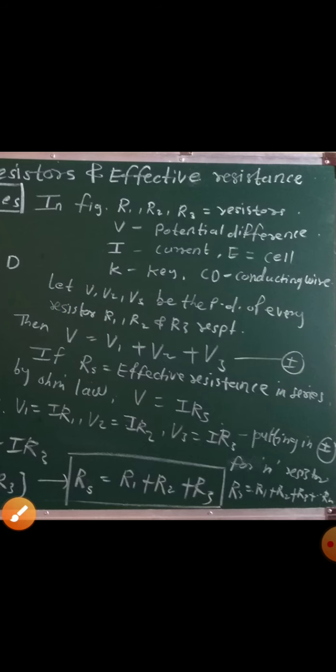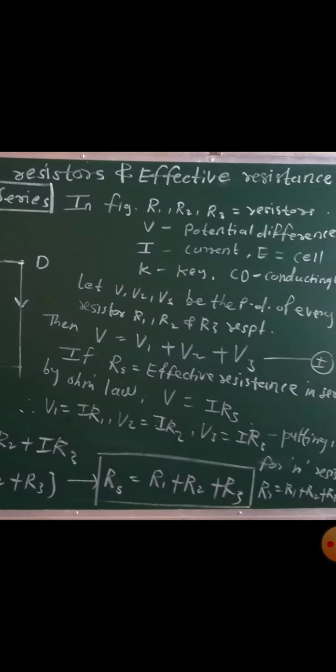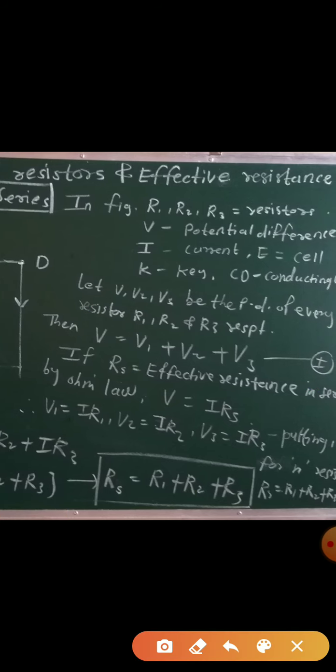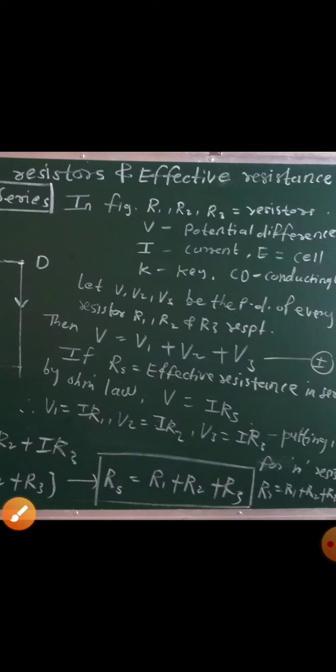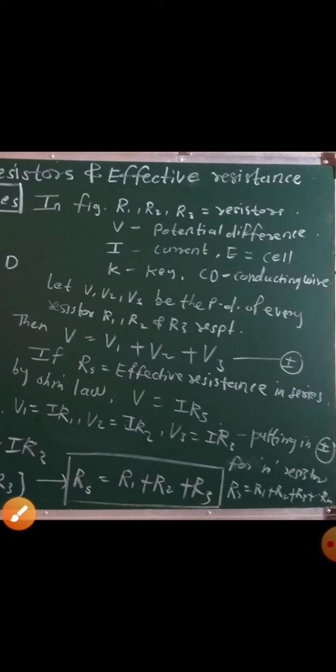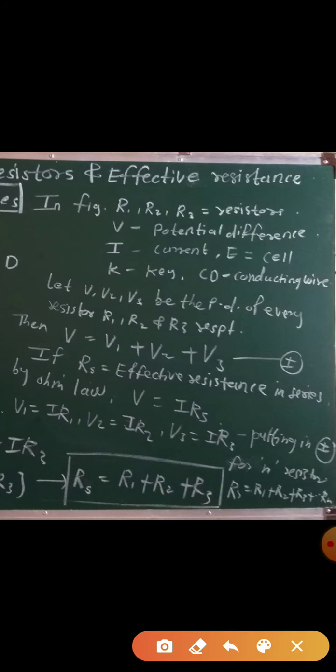Suppose Rs is the effective resistance in series, with capital R for resistance and small s for series. Then by Ohm's law, V is equal to IR.